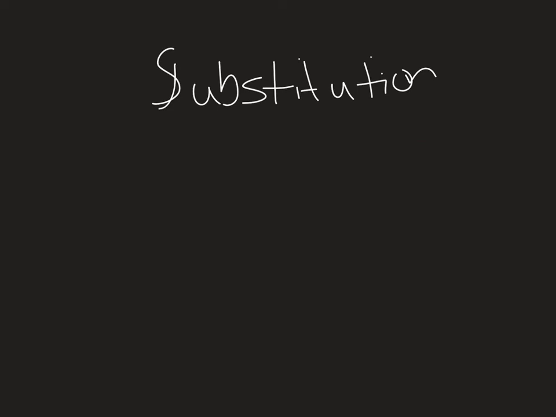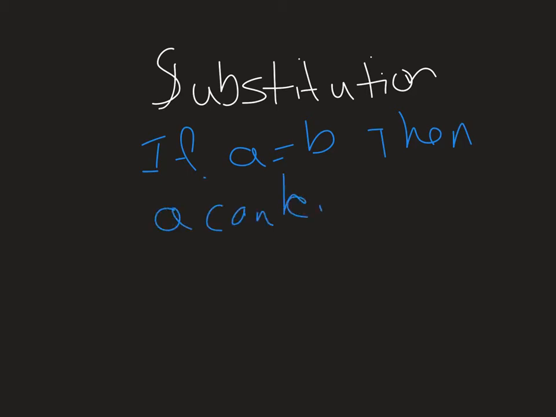Substitution property. If we're talking about substitution, basically it's saying that if A equals B, then A can be replaced by B. And this is one we use all the time without really thinking about it.